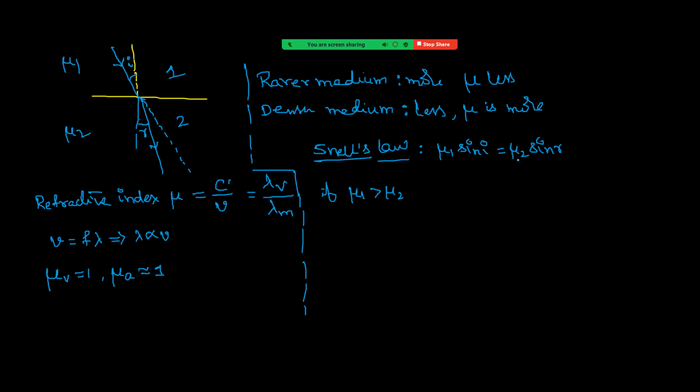In that case, i will be less than r. When mu1 is greater than mu2, i will be less than r, because mu1 sin i equal to mu2 sin r, right? These two are equal. Its meaning is that when light ray travels from denser to rarer medium, it will bend away from normal. Let us make a diagram for this.